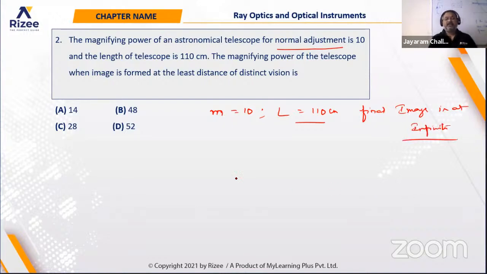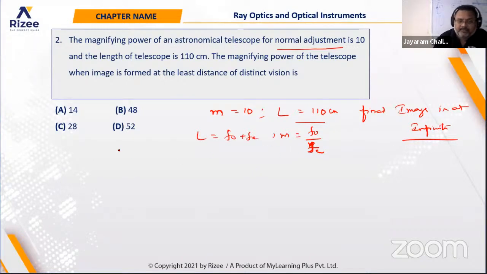So final image is at infinity means then what are the formulas? L is equal to F naught plus Fe, and magnification formula will be F naught by Fe. I'm not going for the negative value in this sense, or if you want you can go for the negative value also.